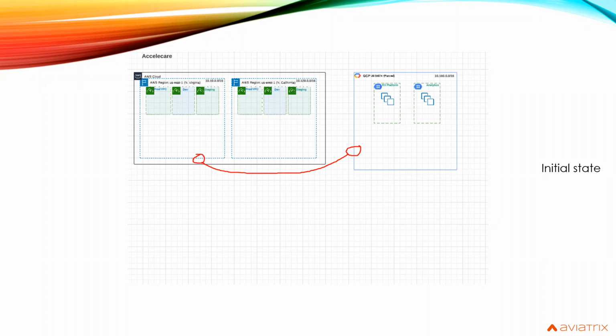Right. Or if you want to use the Aviatrix solution, we can just drop gateways in the AWS environment and in GCP, and just link them up using multi-cloud architecture.